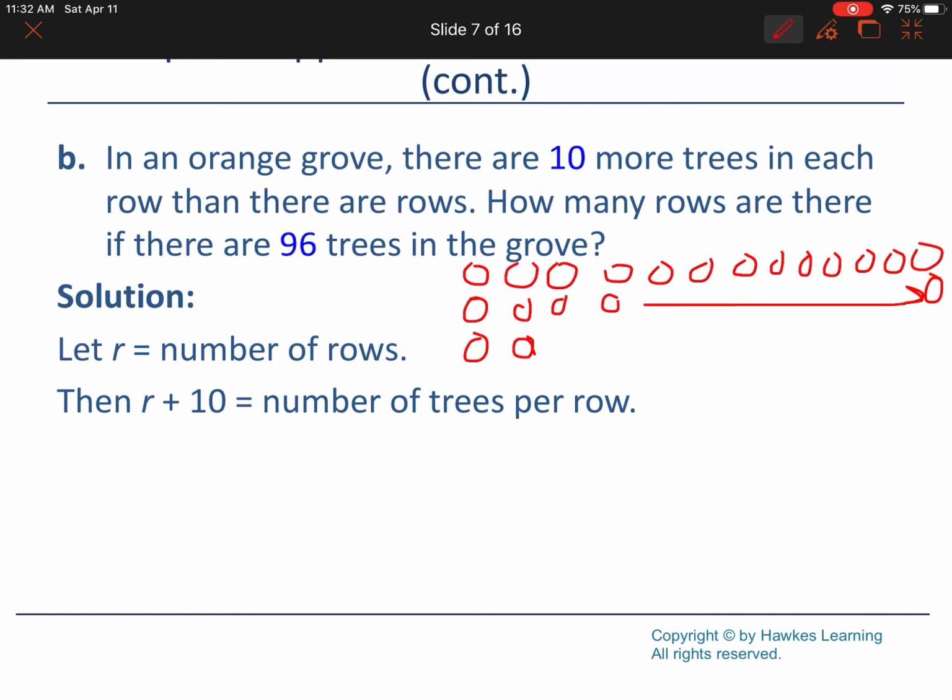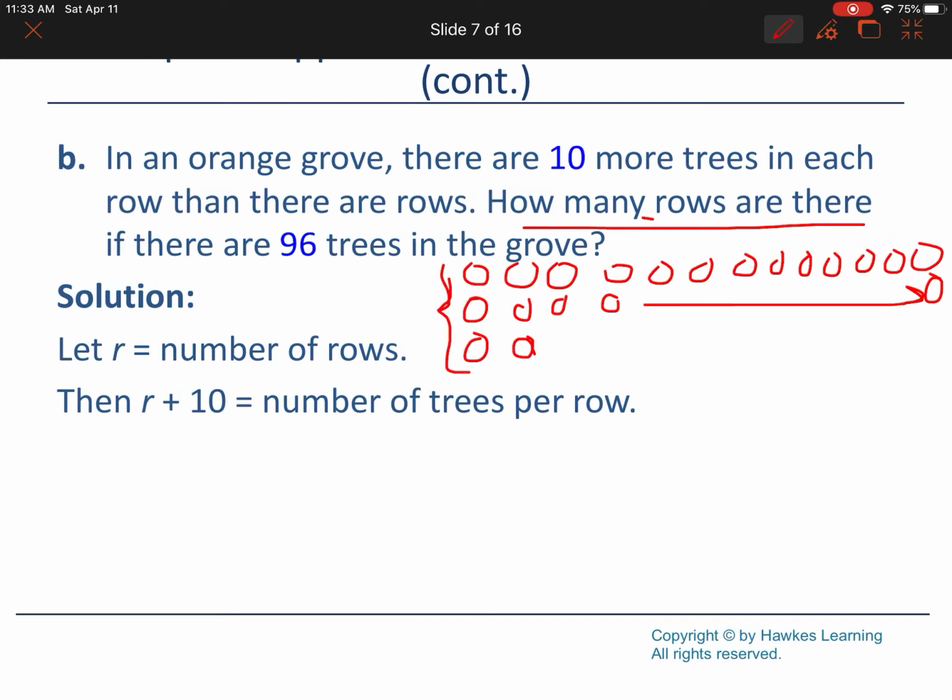So that way we have this variable, R, the number of rows. And actually that's what it asks for. How many rows are there? So that's what we're trying to find out, what R is. Okay, so as we set up that equation, remember when we're figuring out how many are here, this is making an array.